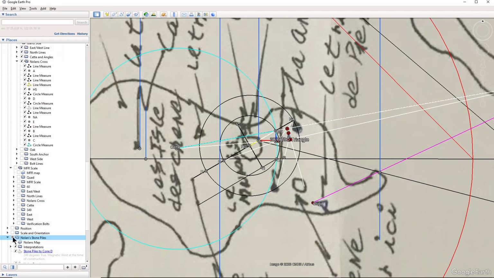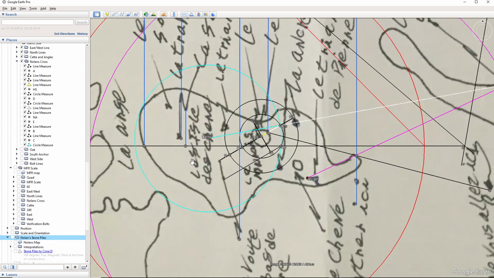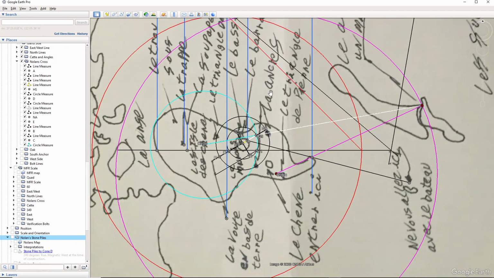And the reason is because that's what you're supposed to find. That's the nature of this document, to show you where Nolan's Cross is.